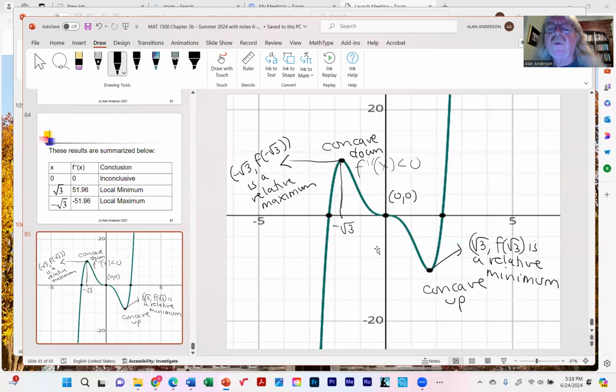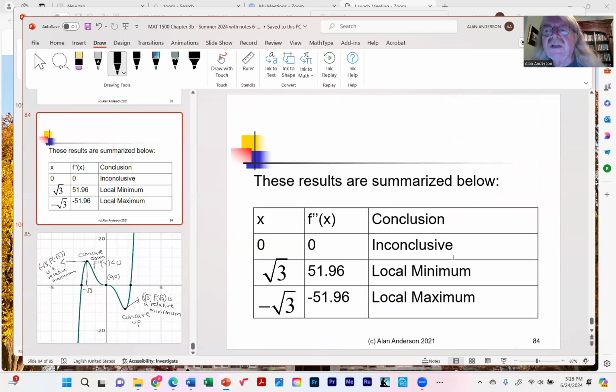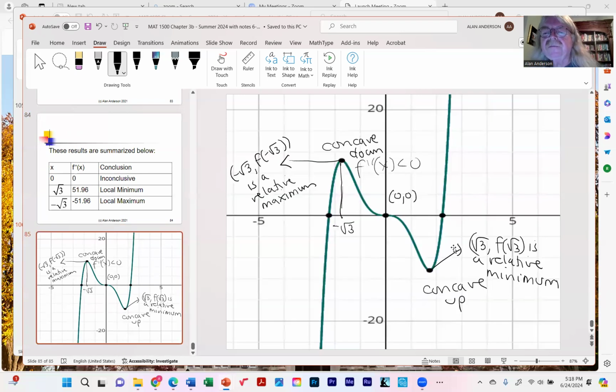We'll get back to that, by the way. What do we do about this inconclusive test? You actually can go on and conduct a higher order derivative test, like a third derivative test and a fourth. You'll keep going until you find the value that you want. But it's not guaranteed to happen with the second derivative.